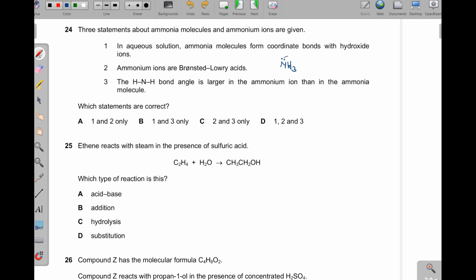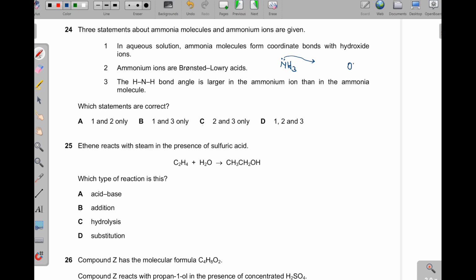This one is supposed to be donated to something that doesn't have the electrons, that is electron deficient. Isn't that an electrophile? An electrophile can be positively charged. It needs electrons because it lost them.